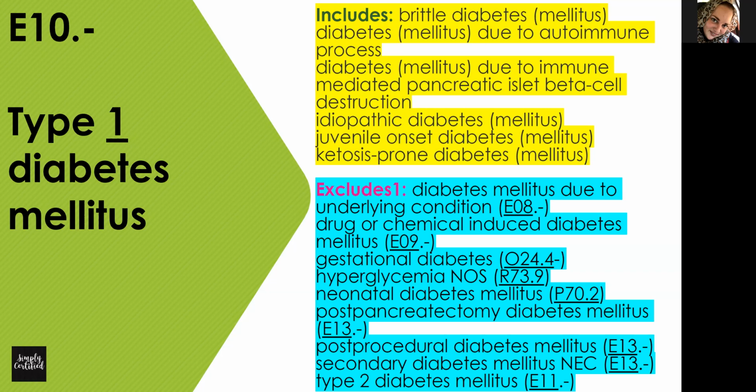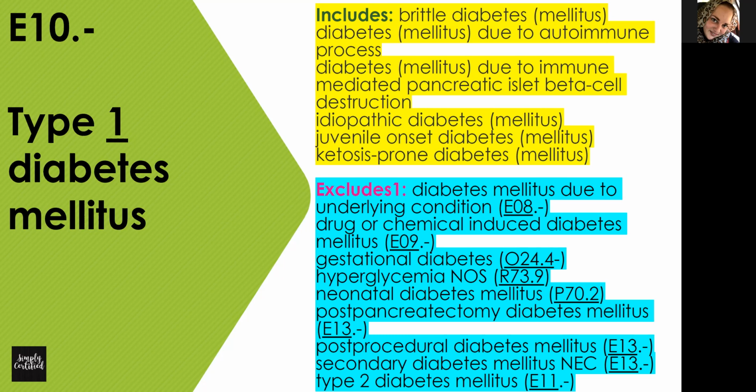The thing I want to point out here is the inclusion terms. There are a lot of exclude terms, but really this isn't any different than any other category of diabetes. It's telling us don't code it with other diabetes codes or symptoms of diabetes, like hyperglycemia not otherwise specified. But what it includes are synonyms, terms you may see in documentation, especially from our older generation of providers or our more specialized providers.